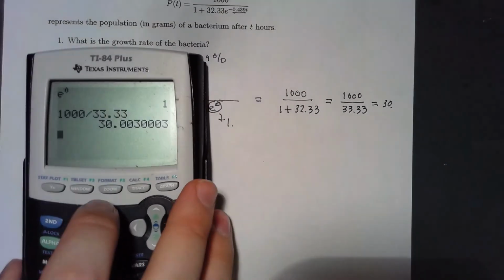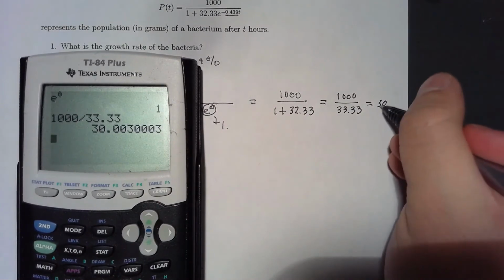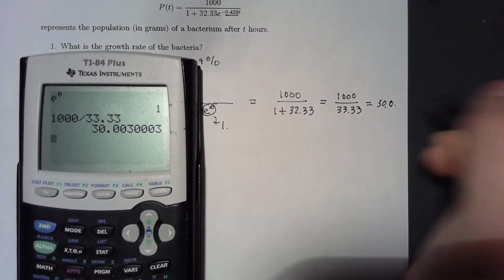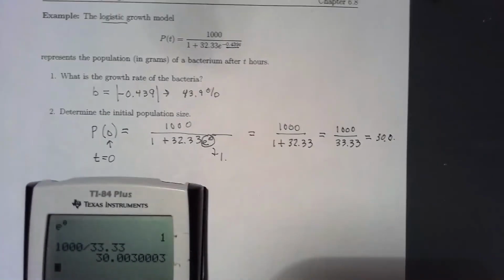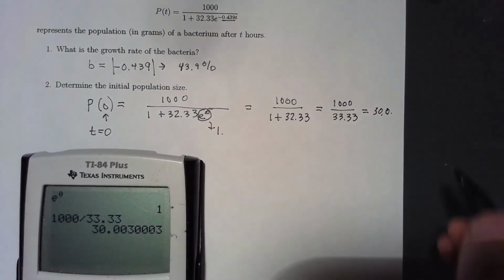All right, there's the calculator right there. So 30.0. So the initial population of bacteria was 30 grams.